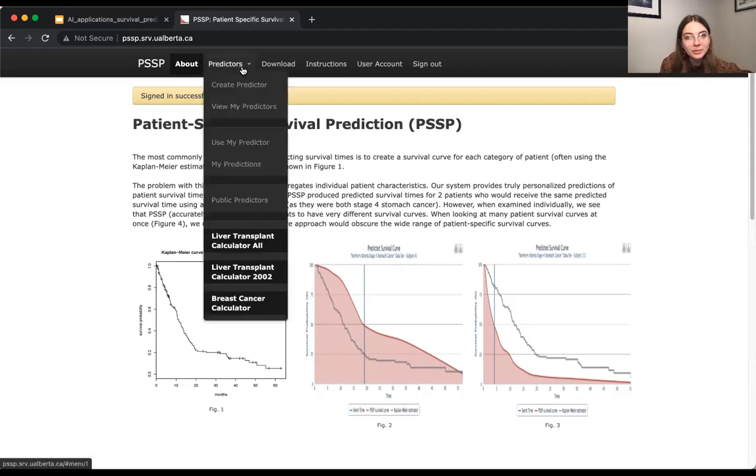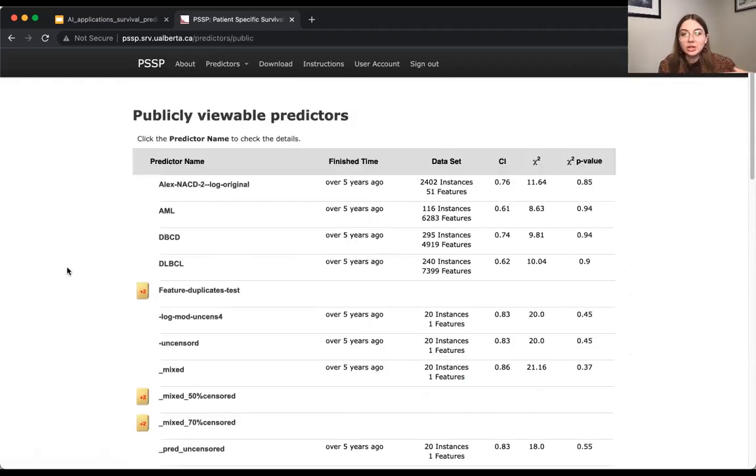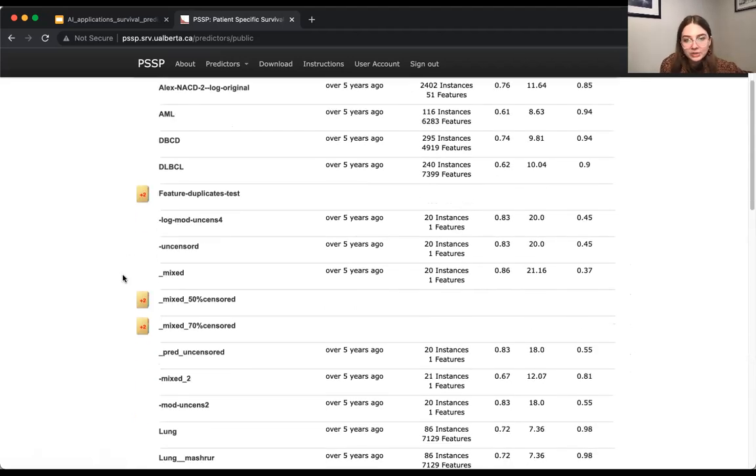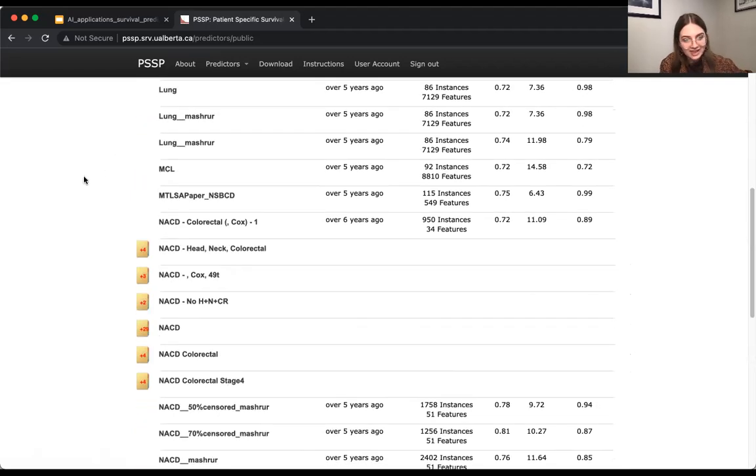If you go to the drop-down menu here for predictors, you can take a look at public predictors here. These contain a lot of different data sets that are interesting that this MTLR model has been run on. So there's even folders. You can see how this would work on different percent censored data sets.